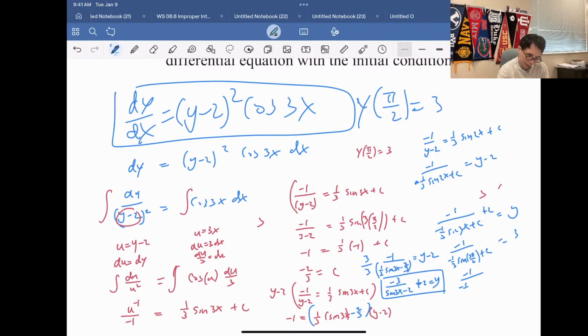No, this is a positive. Yeah, this is a positive. So this one's a -1/3 plus c is equal to 3. So -1 equal to 3 times -1/3 plus c. So that is going to be -1 is equal to -1.